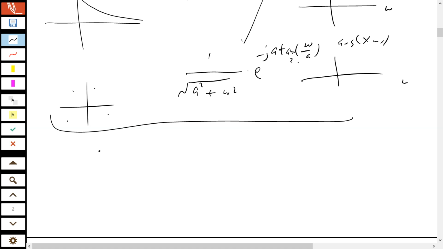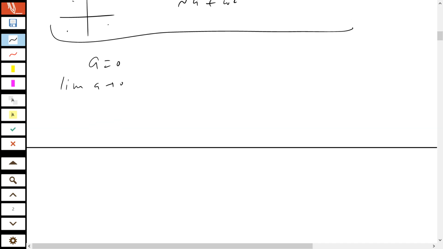I had this question. So if you now say, let's say A is 0, or the limit A approaches 0. If I now start with this, I know exponential minus at u of t transforms to 1 over A plus j omega. And I say, okay, what if I set A to 0?